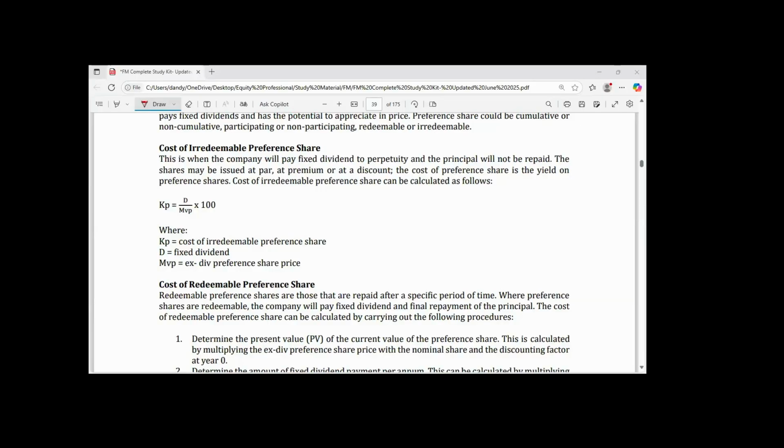So in a year whereby the company makes losses, you cannot pay dividend because that dividend is supposed to be paid from profits. Therefore, that dividend you are supposed to pay in the first year, you carry it forward to the following year. If in the following year the company also makes loss, then you continue to cumulate it.